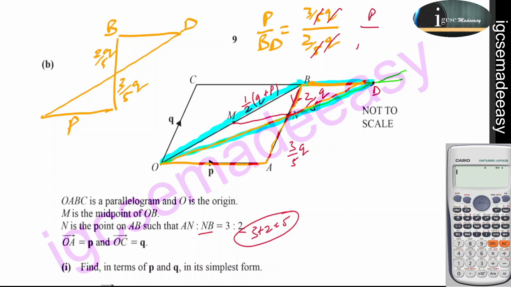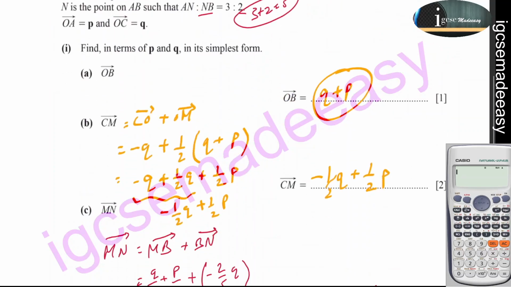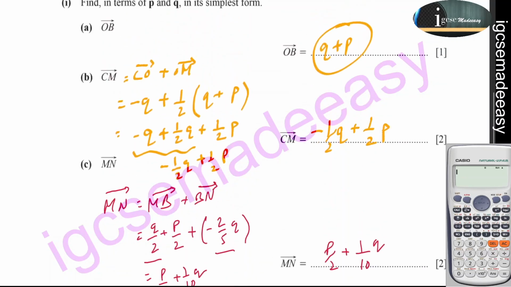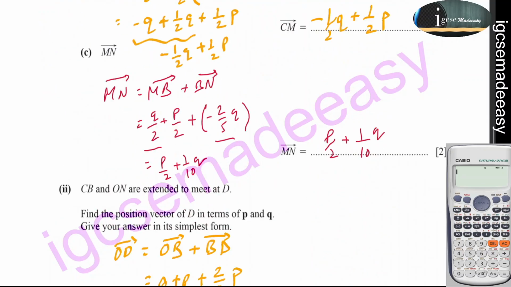So p by BD will be equal to 3 by 2, right? So BD will be equal to 2p by 3. BD is 2 by 3 p. So we got BD as 2 by 3 p, right? 2 by 3 p.